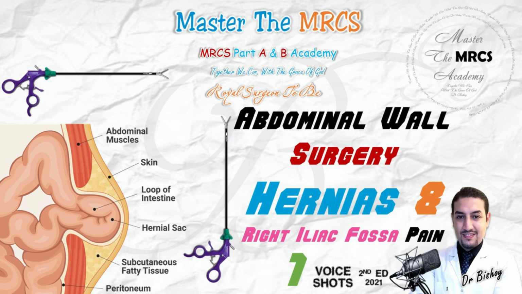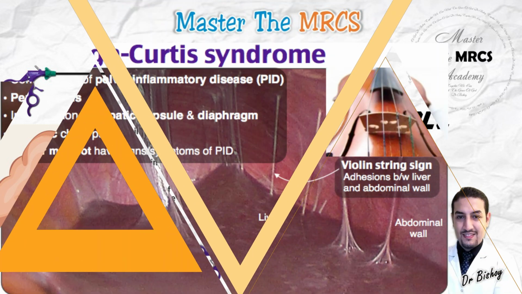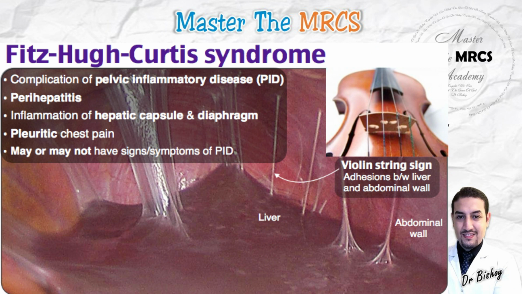That's why for a Fitz-Hugh-Curtis syndrome, its infection should be treated, while the Mittelschmerz is a mid-cyclic pain which is managed by painkillers only and happens to every female. If you are interested in science and in medicine, you will like that there is a funny surgeon who termed the sign of the adhesion between the liver and the peritoneal cavity of the Fitz-Hugh-Curtis syndrome the violin string sign.